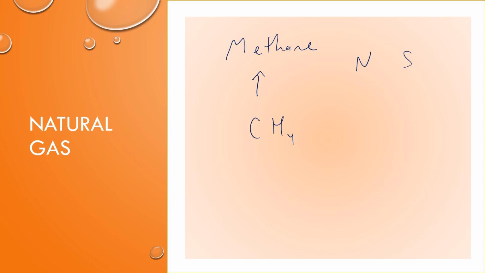Since it's CH4, you're going to have a slightly lower percentage there, and so it's going to produce a little bit less carbon dioxide when it's burned by mass. However, it is harder to transport because it's a gas, so you need to take that into consideration as well.